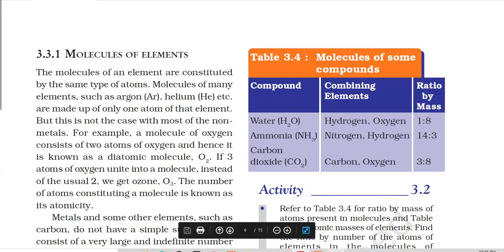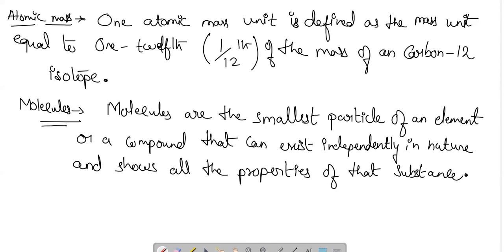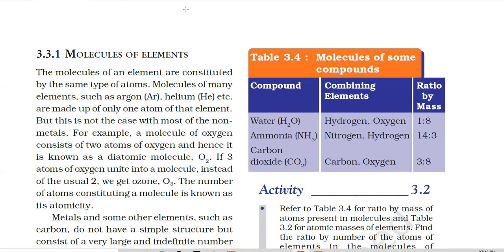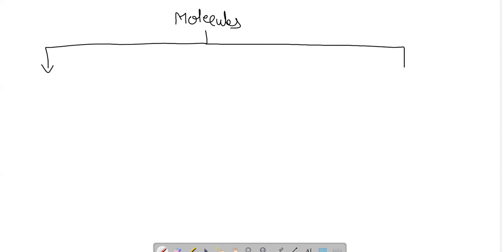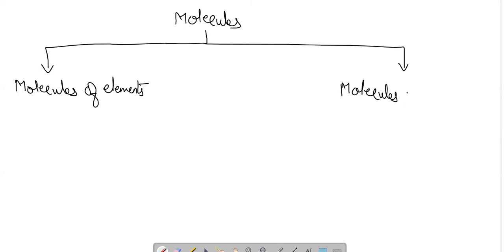Here we can classify molecules into two parts: molecules of elements and molecules of compounds.